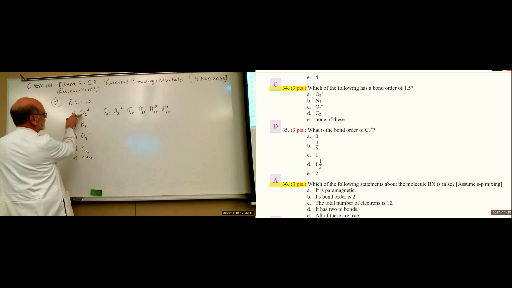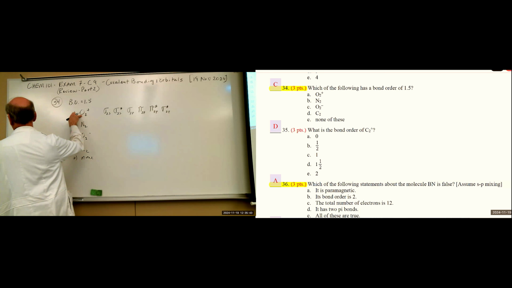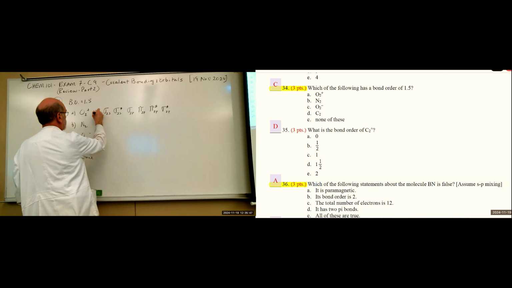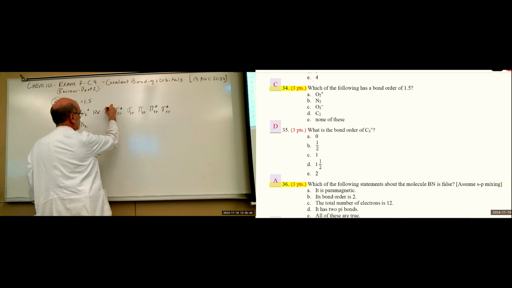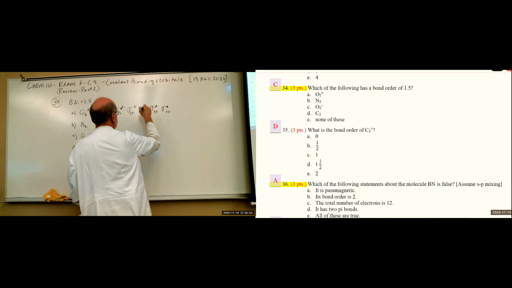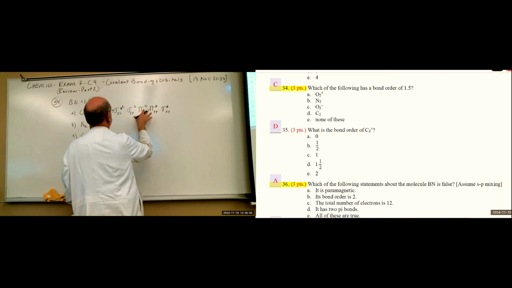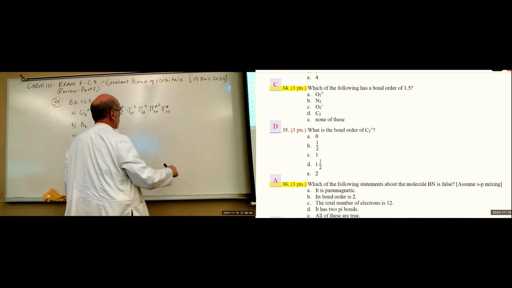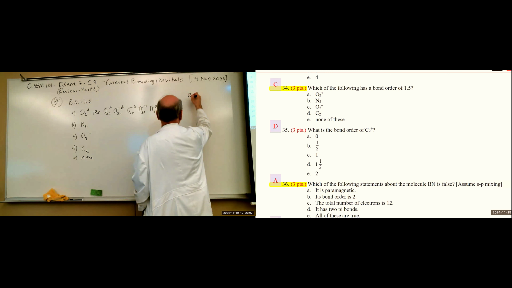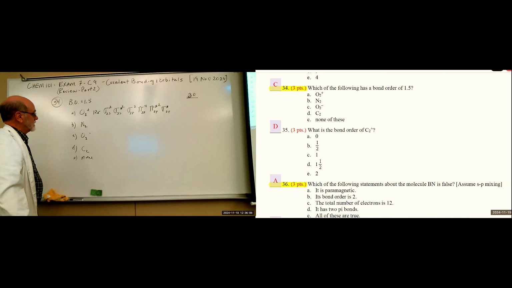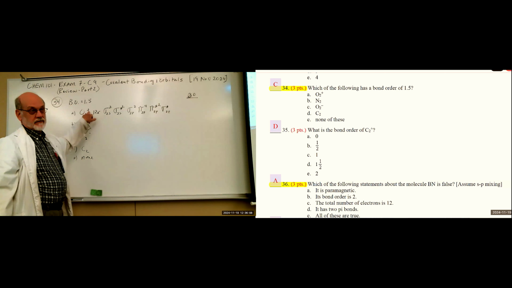How many valence electrons do we have for these two oxygens? That would be 12, wouldn't it? 12 electrons. So we have 2 here, 2 here, 2 here, and 4 here would be 10. We have 2 more. There we go. For the bond order calculation for this one, actually, we're not finished because we lost one of them.